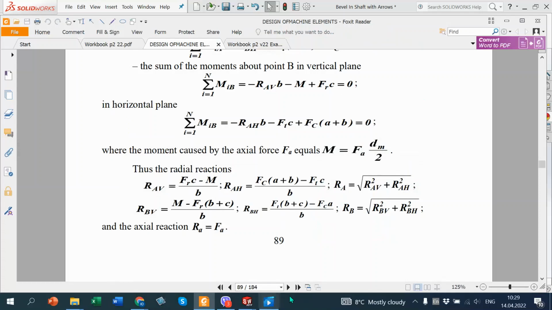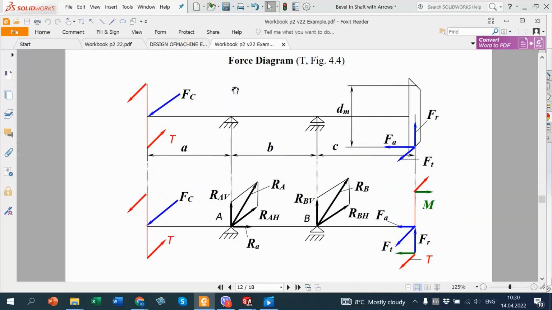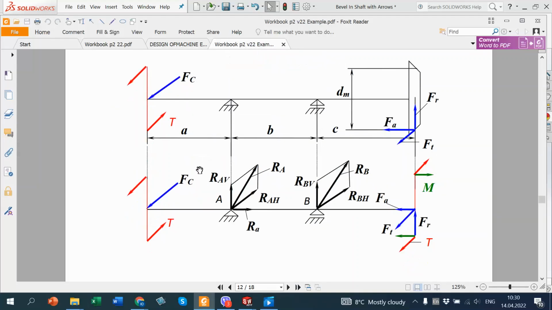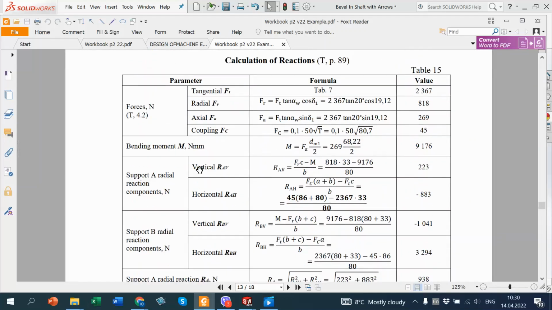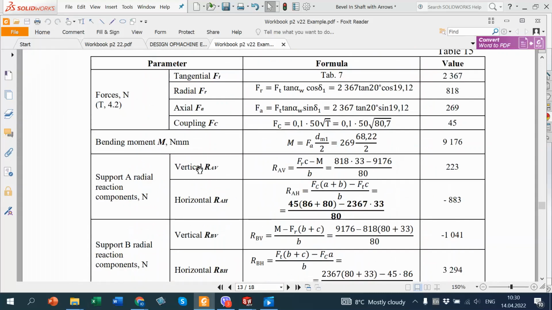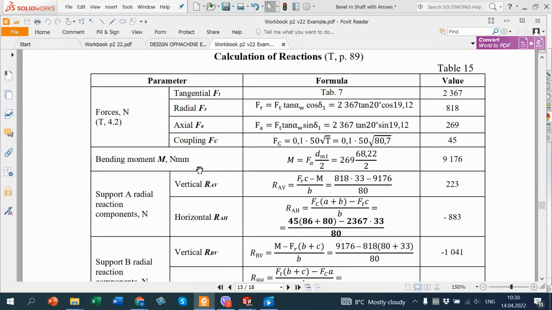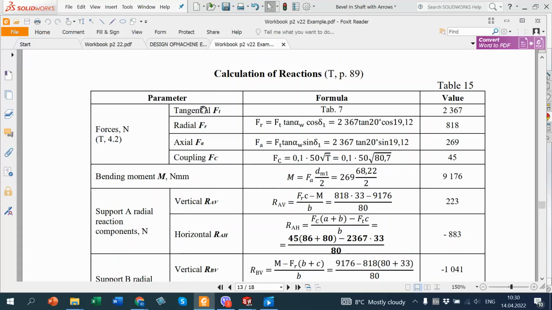So let's consider example. Force diagram I shown you. So tangential force from table 7, this value. Radial Ft tangent alpha 20 degrees, cosine of 90.